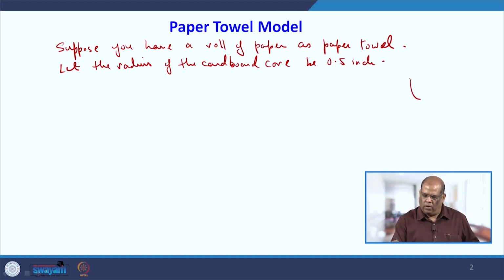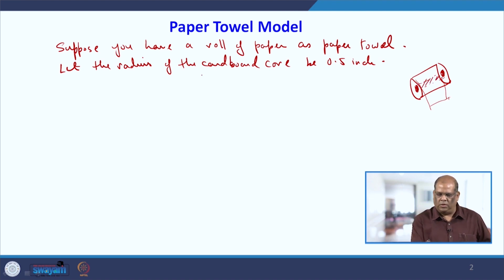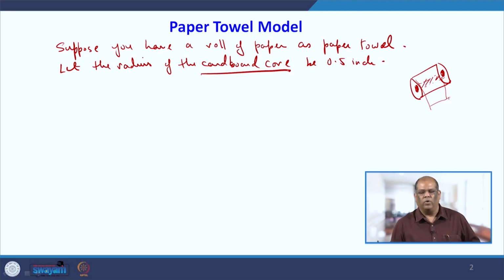If you look into this paper towel, it will look something like this, with a little bit of paper hanging out, and this is rolled on a cardboard tube, which is termed here as the cardboard core.